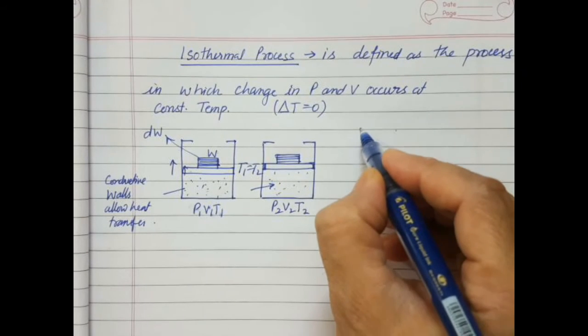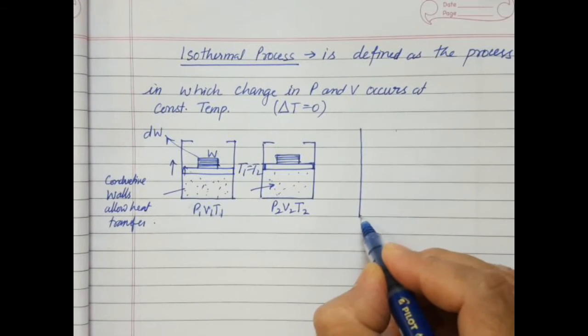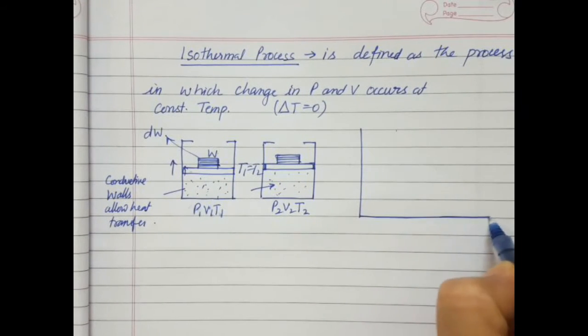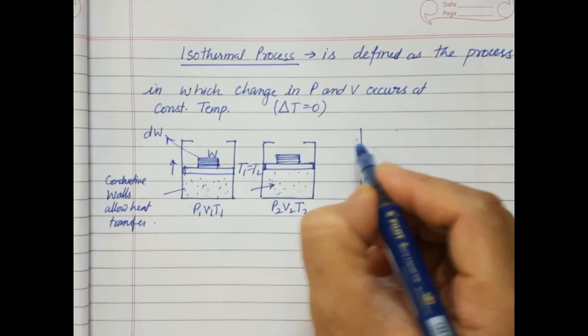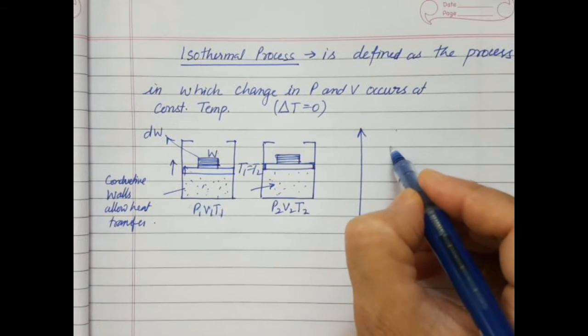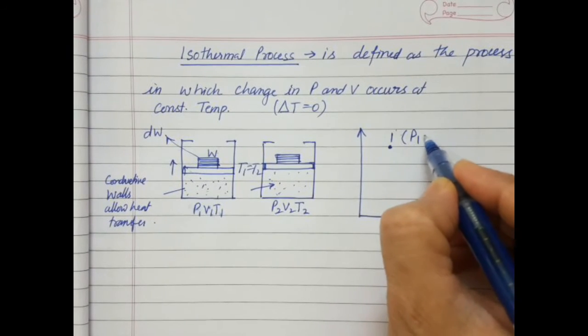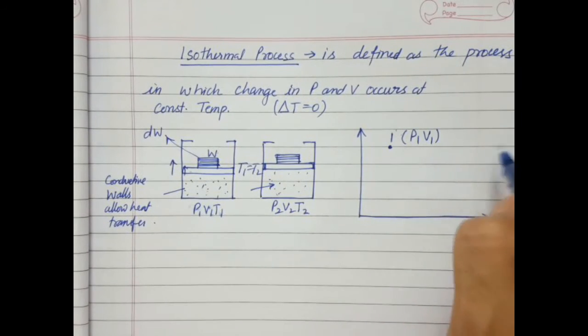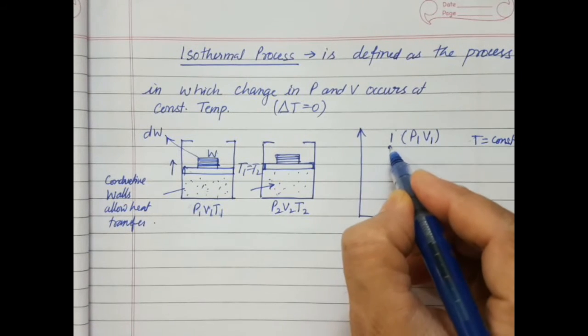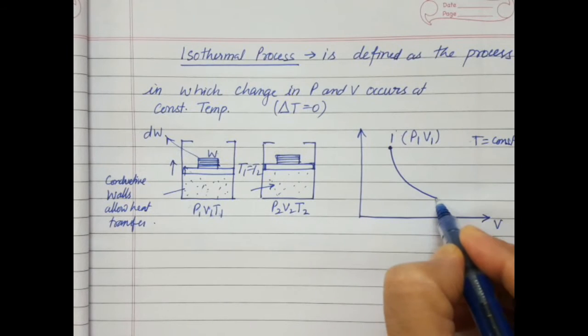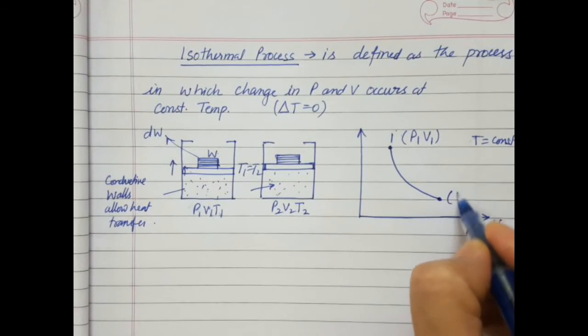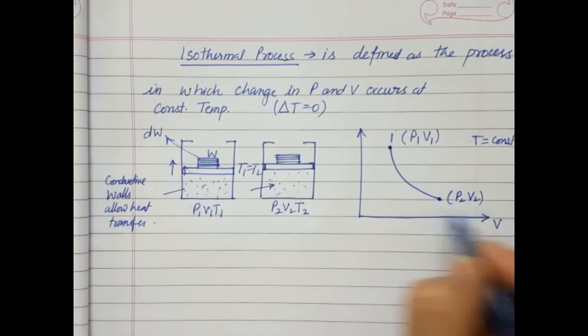So let us draw this process on pressure and volume graph. Now let us say the system is at point 1 with coordinates P1 and V1. Temperature is constant, and it undergoes a process like this and takes new coordinates P2 and V2.